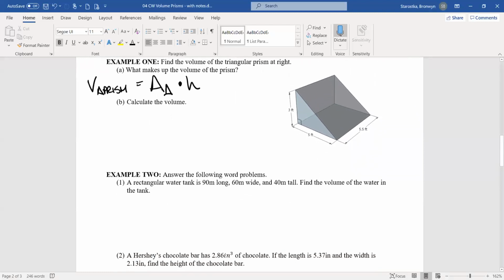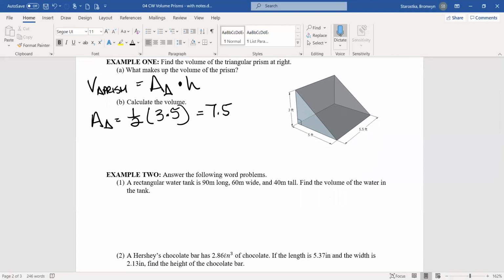Let's find the area of the triangle. Area of the triangle is 1/2 base times height, so 5 times 3. So that's 15, half of 15 is 7.5.